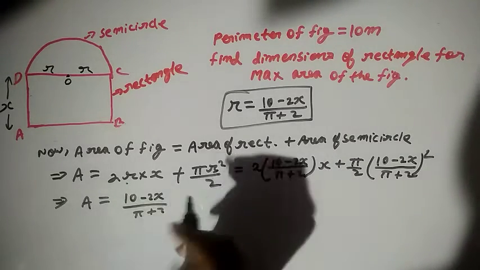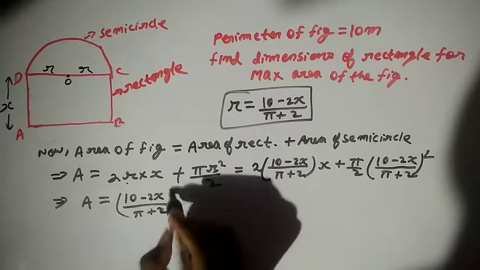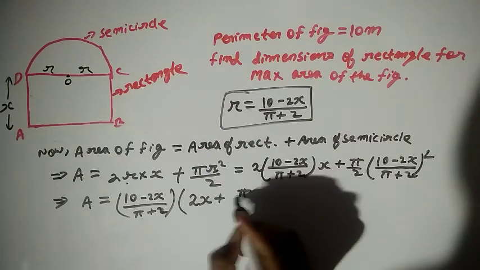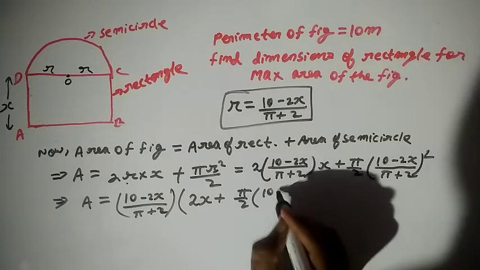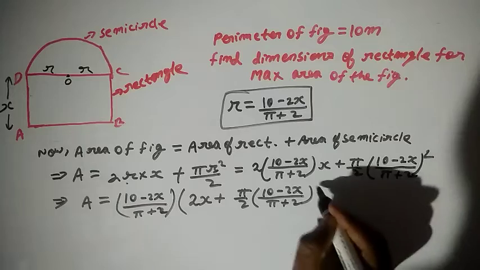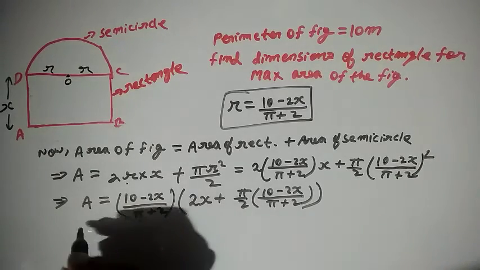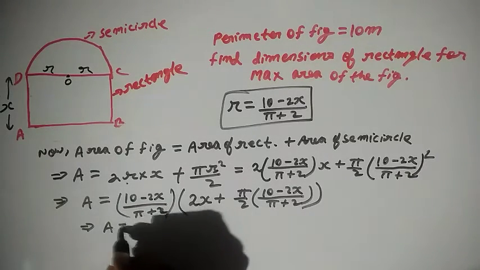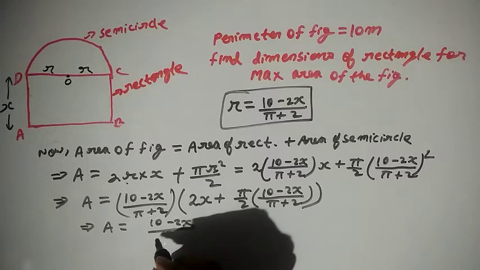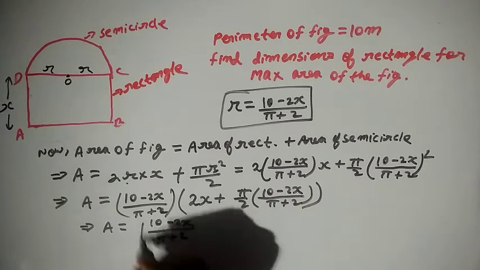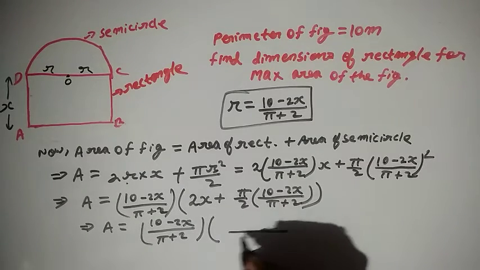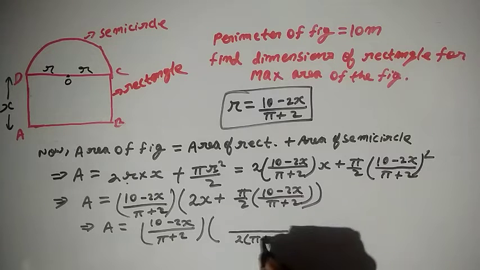So factor it out and then write the remaining. Take the LCM as 2 times (pi plus 2).